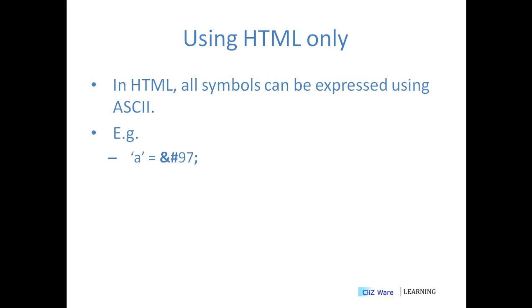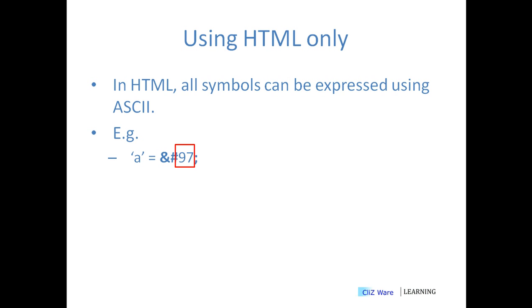So we can look here. For instance, if I take A, the ASCII value is 97. In the red box, I have emphasized the ASCII code of that letter.